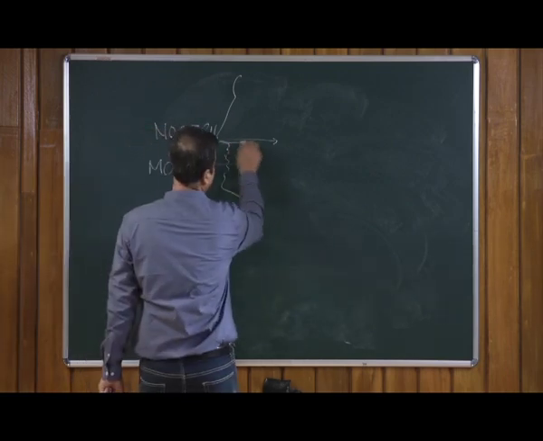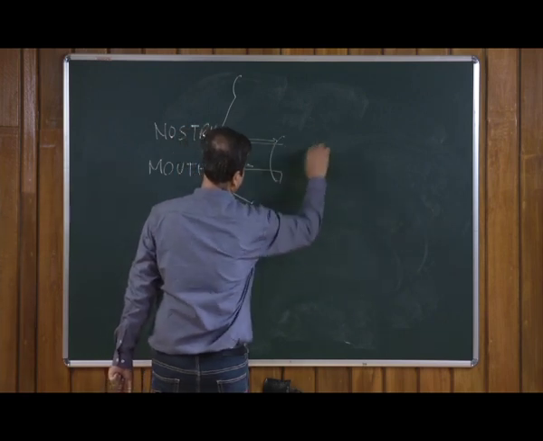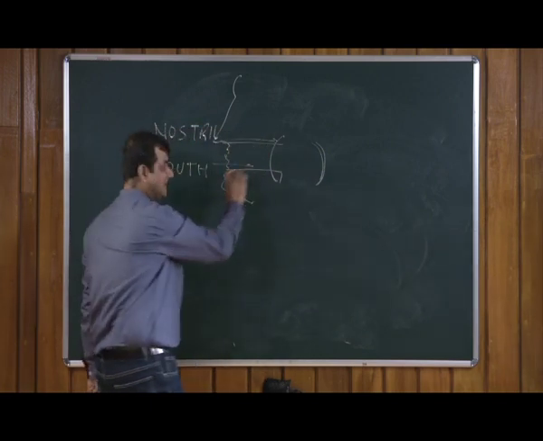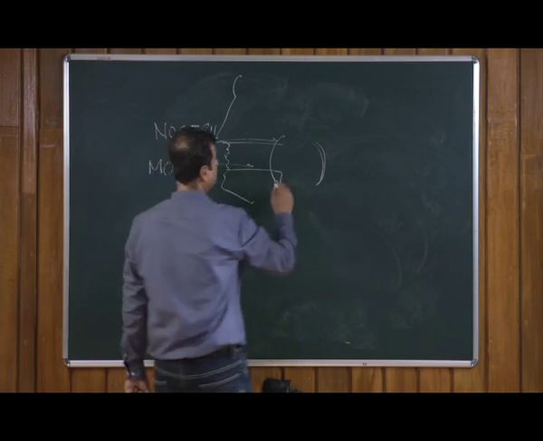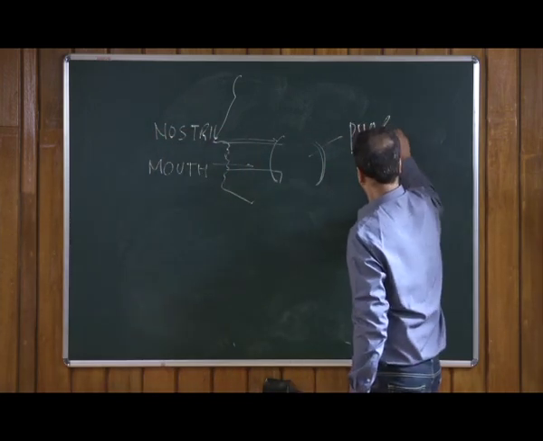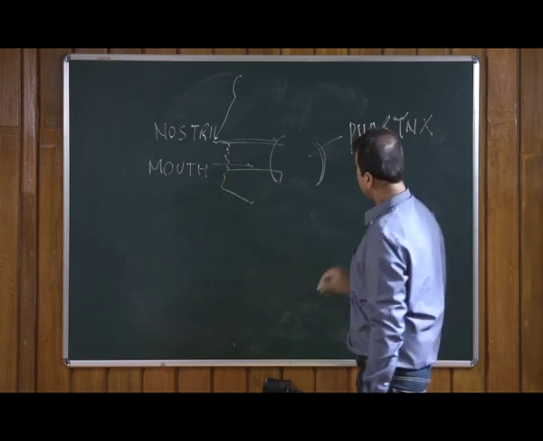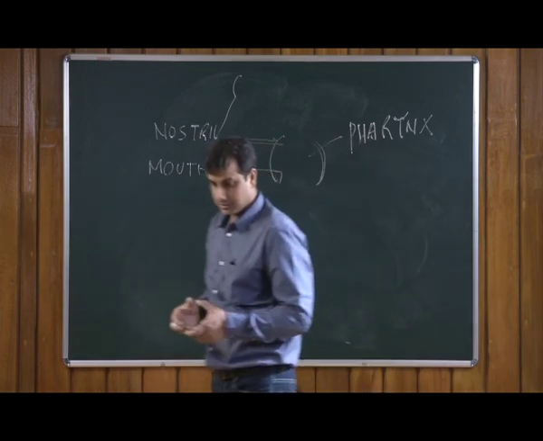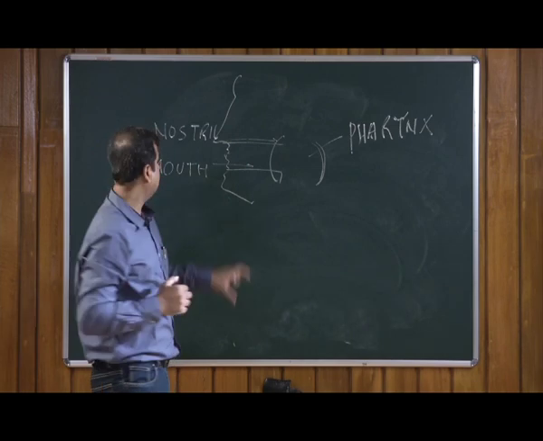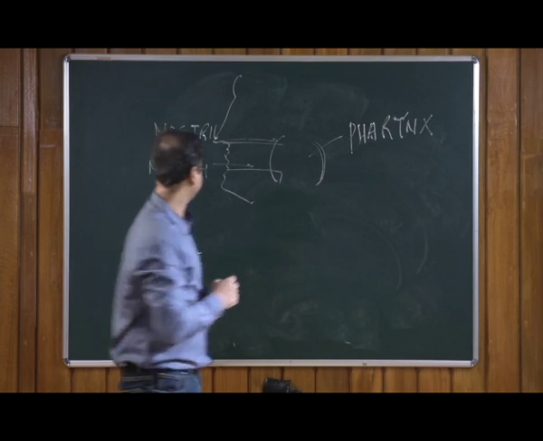So, there is a common passage in this particular area, common to both nostril and mouth, and this area is called the pharynx. This pharynx is a very unique structure available in the upper buccal cavity, common to the nostril and the mouth cavity.